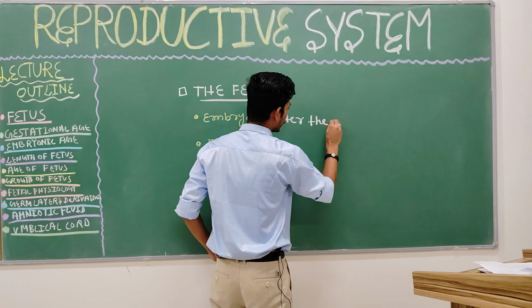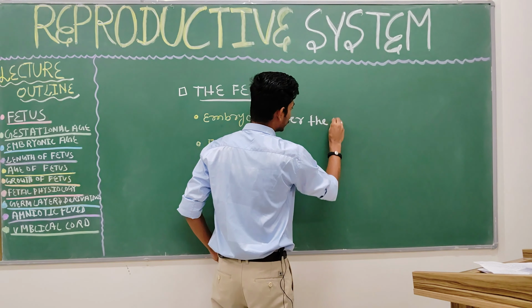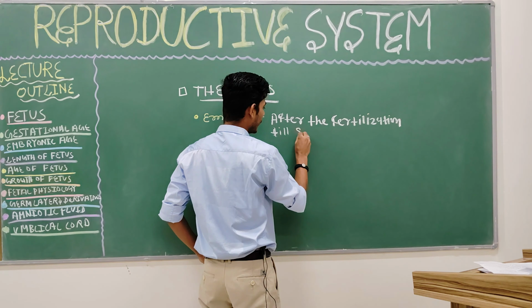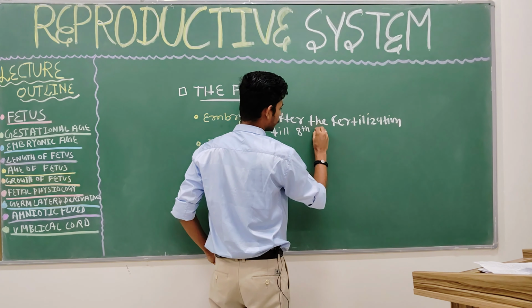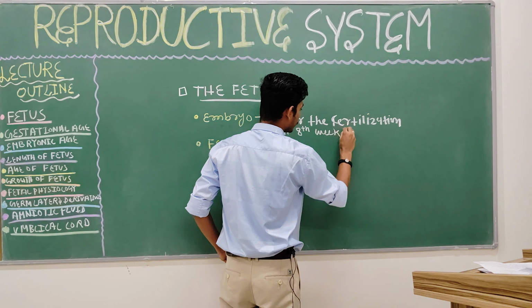After fertilization, till the 8th week of pregnancy, the conceived product is called the embryo. Got the points? The conceived product is obtained by the fusion of the female egg and the male sperm.